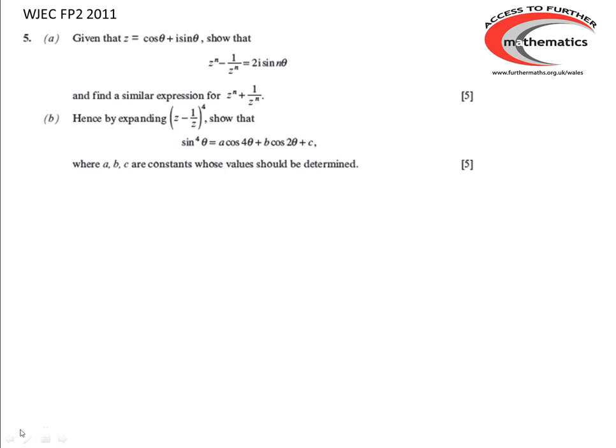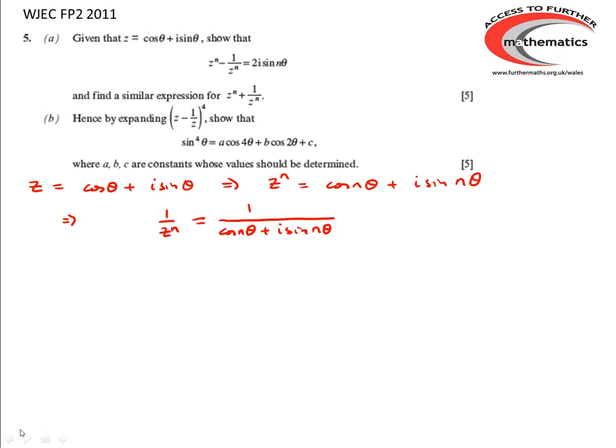So, if we know that z is cos θ plus i sin θ, then De Moivre's theorem tells me that z to the n is cos nθ plus i sin nθ. Moreover, z to the minus n, or 1 over z to the n, is the same thing as 1 over cos nθ plus i sin nθ.